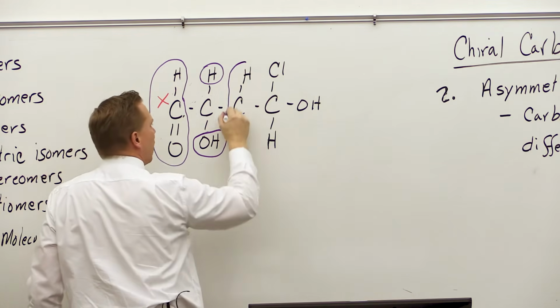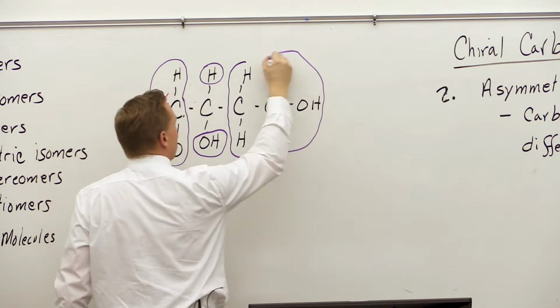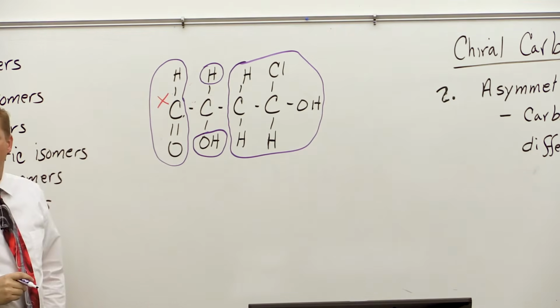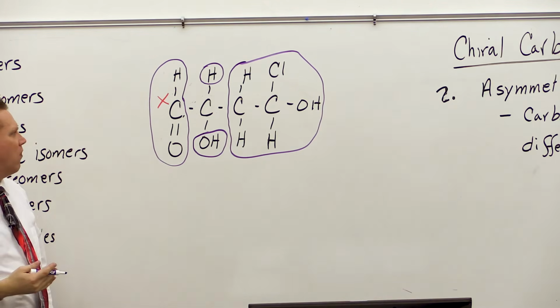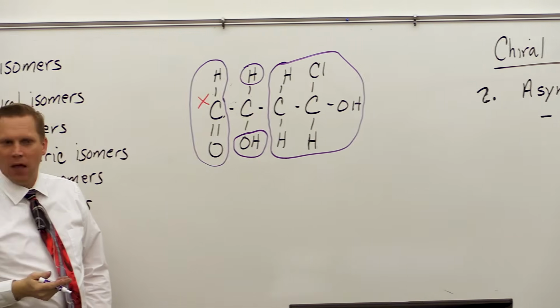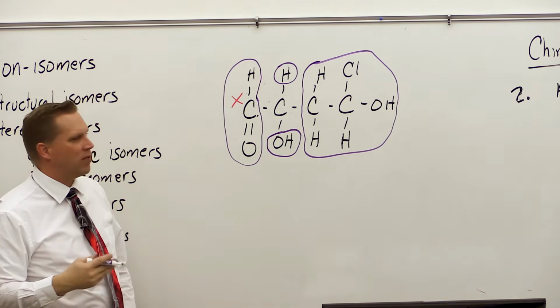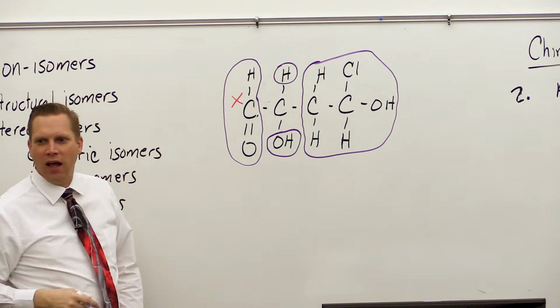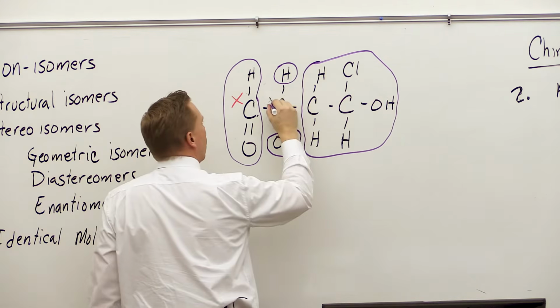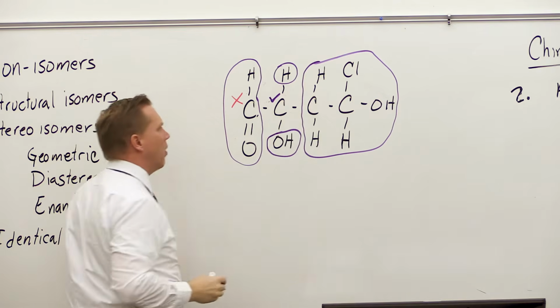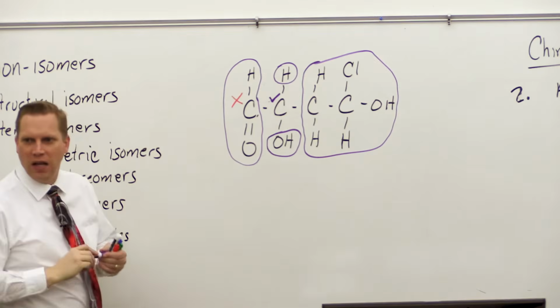And then right here, that would be the 4th group. Do we have 4 groups? Yes, so we met our first rule. Do any of those groups look the same? And hopefully if you've watched Sesame Street before, you can recognize that those are not the same combinations. So let's put a check mark right there, that would be an asymmetric carbon.